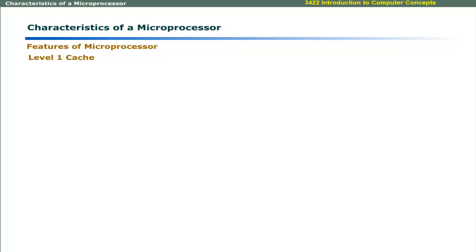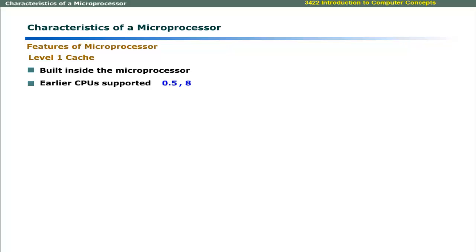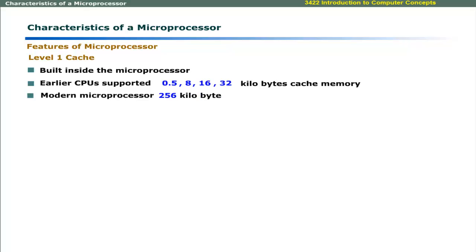Level 1 cache is built inside the microprocessor. Earlier, CPUs supported 0.5, 8, 16 and 32 kilobyte cache memories. Modern microprocessors contain up to 256 kilobytes of Level 1 cache.